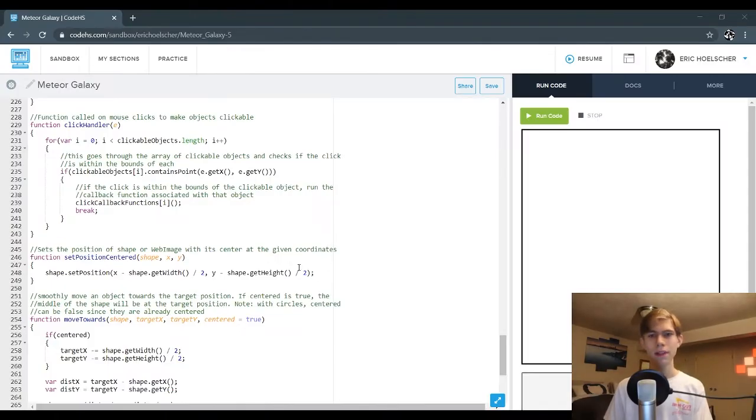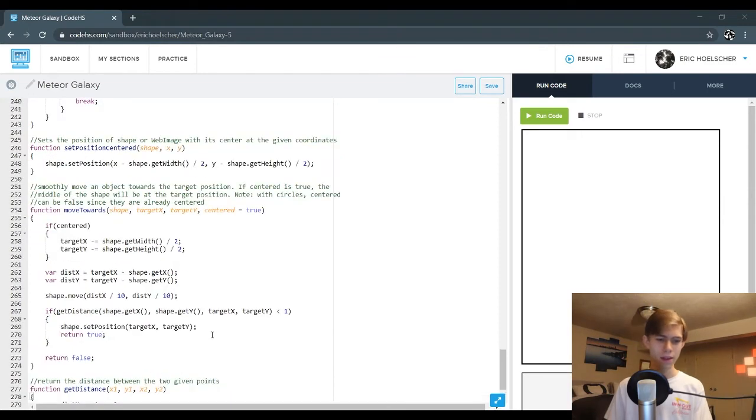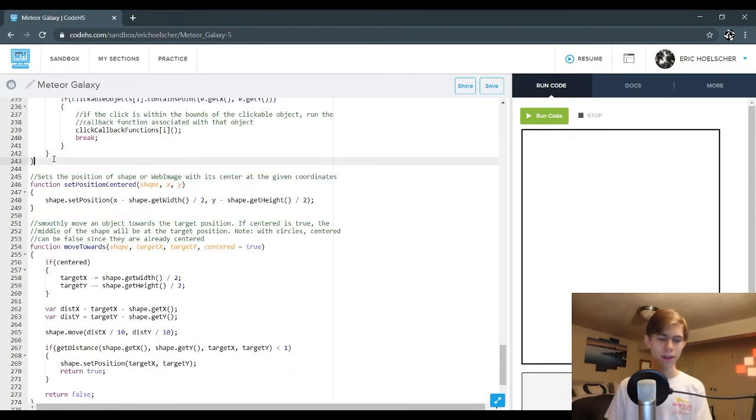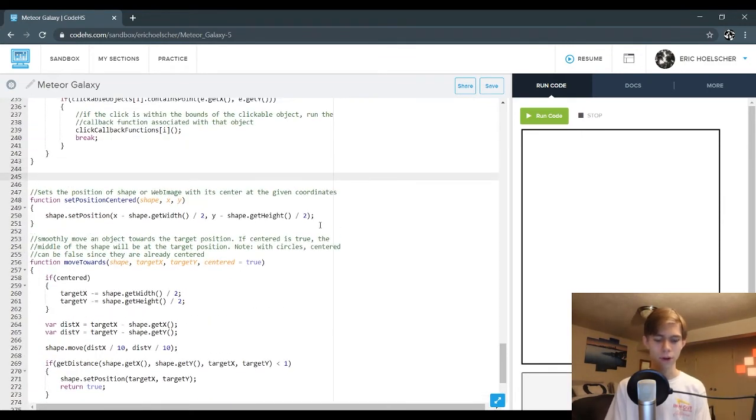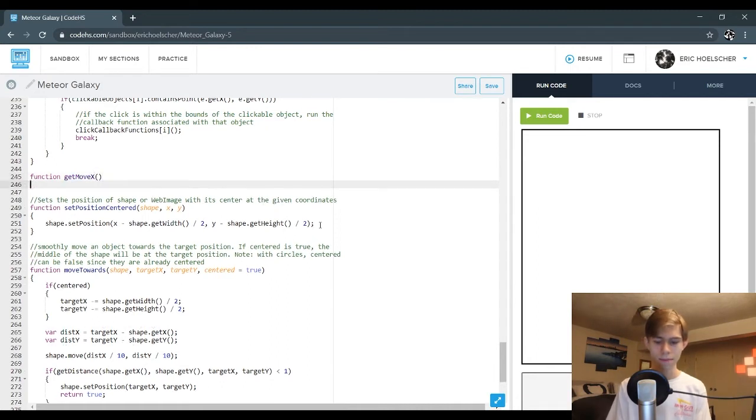Now in the code editor, let's take the formulas that we wrote and turn them into functions, just so that it's easy to remember how we did the math. I'm going to put these at the bottom, since they're just little helper functions. The first one that we'll write is function getMoveX.